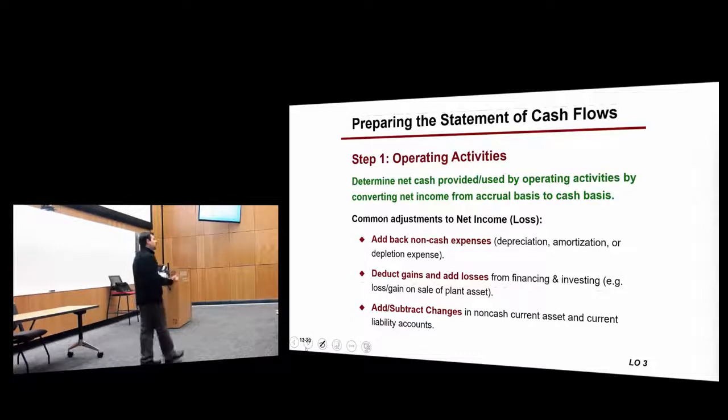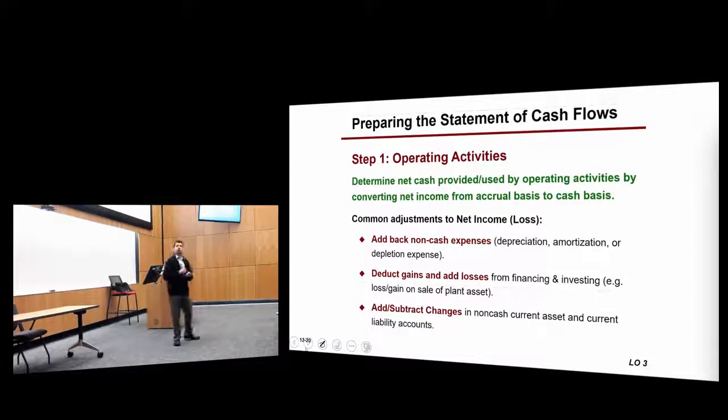The company recognized them simply to match revenues with expenses, to allocate the cost of a truck over its useful life. But the payment was made only at the beginning when the company purchased that truck. The company is not making a payment at the end of every year for the amount of depreciation, right? So we have to go back to cash. You recognized those expenses and they decreased your net income, but they should not have decreased it. As a result, you add them back.